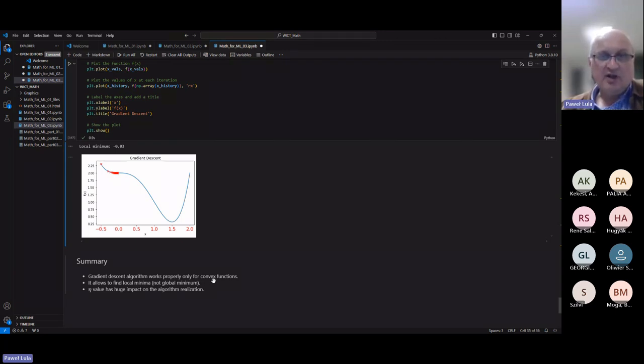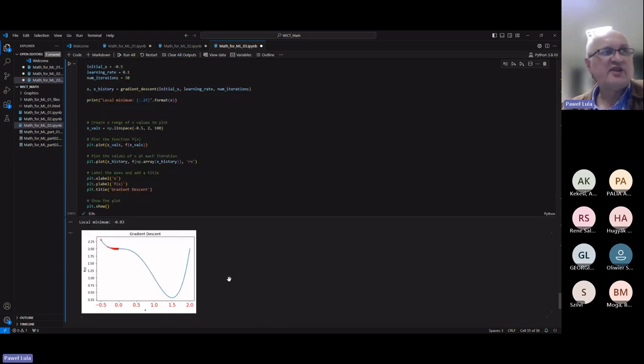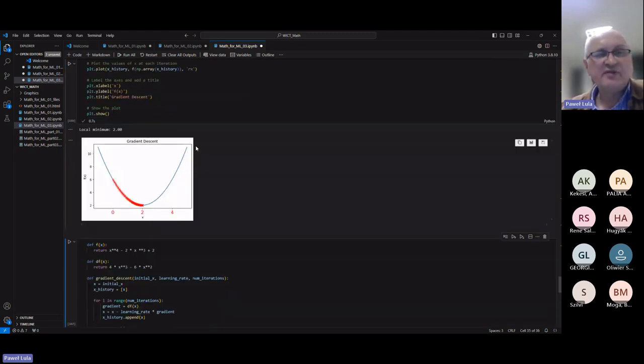They work properly only for convex functions. A convex function is a function which has a shape similar to this function. For a convex function, we can choose any 2 points and draw a line between them, and this line does not cross the graph presenting this function.